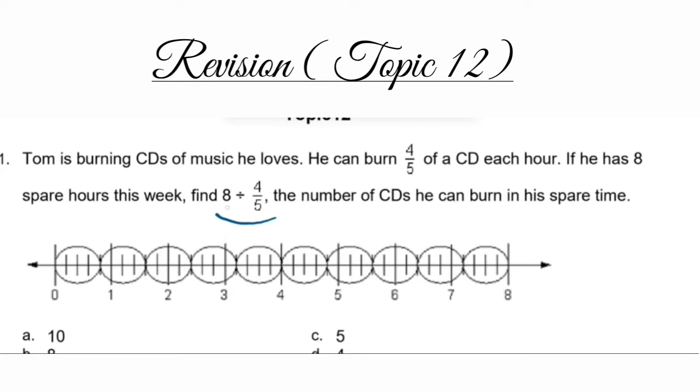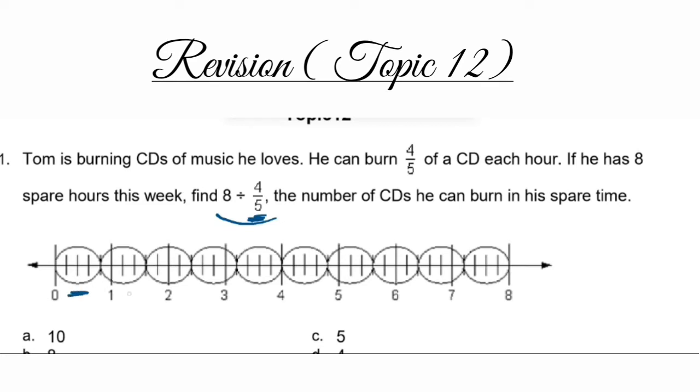We have here 4/5. We should divide. The divisor is 4/5. So take 1, 2, 3, 4. These are 4/5. Okay. Now what we need to do is find how many 4/5 are in whole 8. How many 4/5 in whole 8?